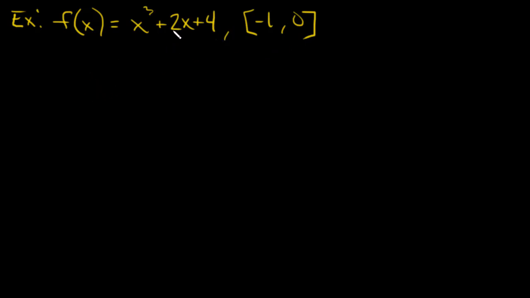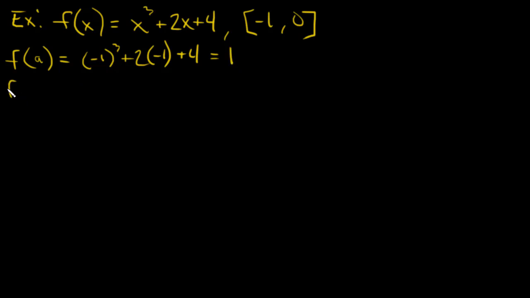So I've got my A and my B. Now I need f of A and f of B. So f of A is going to equal -1 cubed plus 2 times -1 plus 4. So I'm going to get -1 minus 2, -3 plus 4 is 1.